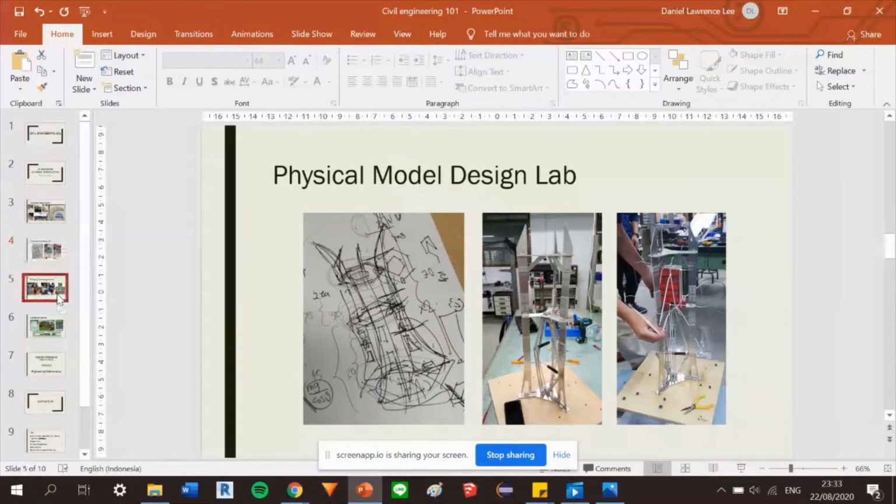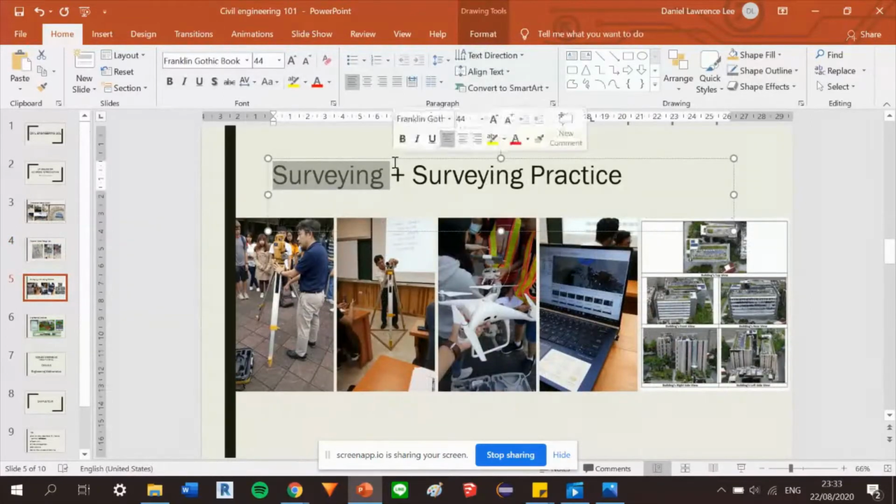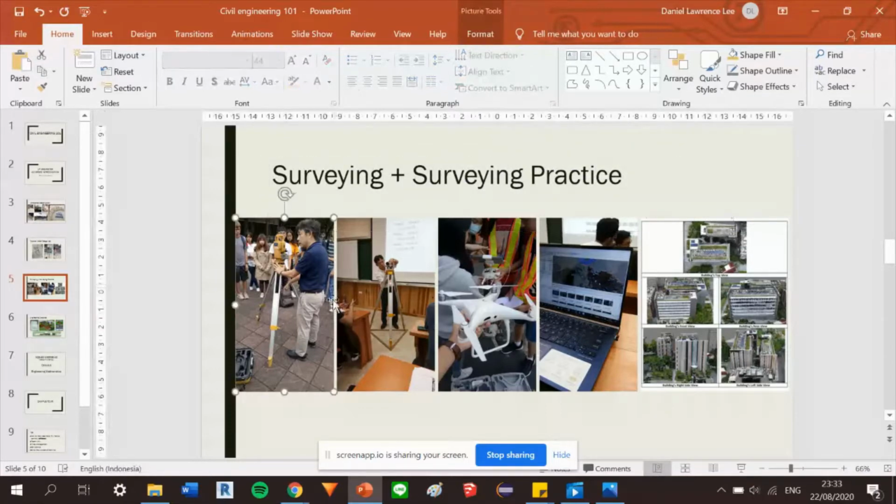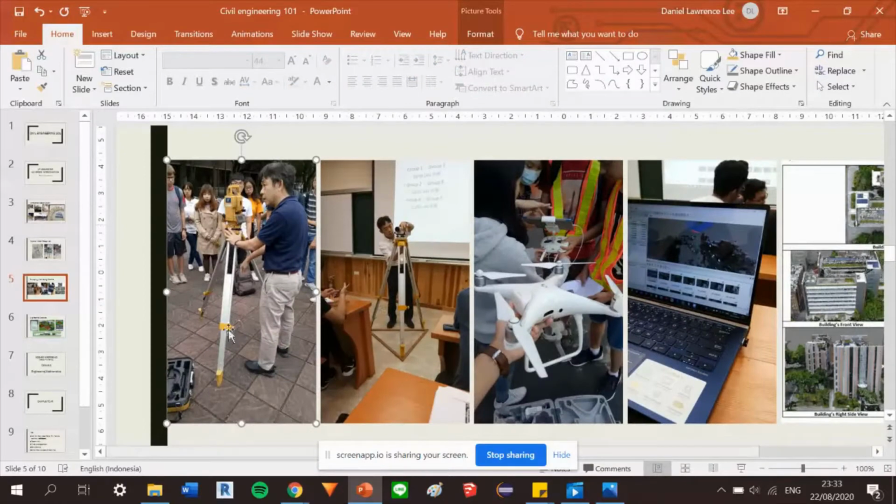And then next is called Surveying and Surveying Practice. Those are basically in one package. Surveying is the theory, and Surveying Practice is how to apply the theory. Here you will learn how to use a lot of cool equipment. Maybe outside of civil engineering, you will not be able to use these.